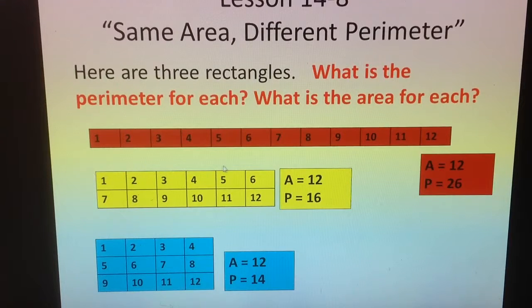Here the area was still 12, but the perimeter was down to 16. The edges are 16. Here the area is still 12, but the perimeter is 14. 4 plus 3 plus 4 plus 3 makes the perimeter.